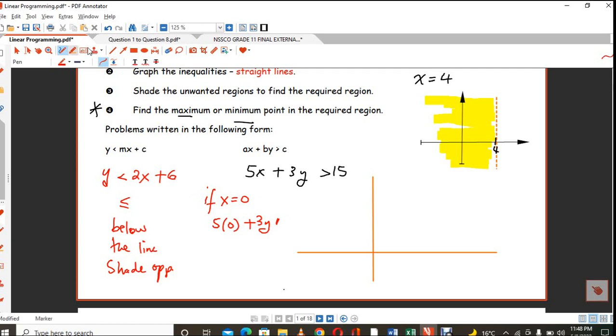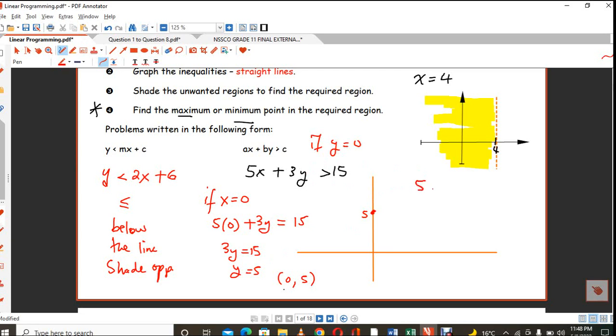So when you want to draw the line, you're going to make this an equation. So I'm going to say equals 15. Well, this is going to give you 3y equals 15. Eventually, y will be equal to 5. So the point here is (0, 5). And the point (0, 5) can actually be plotted. And then in the same vein, you can say if y is equal to 0, that means you plug in 0 here.